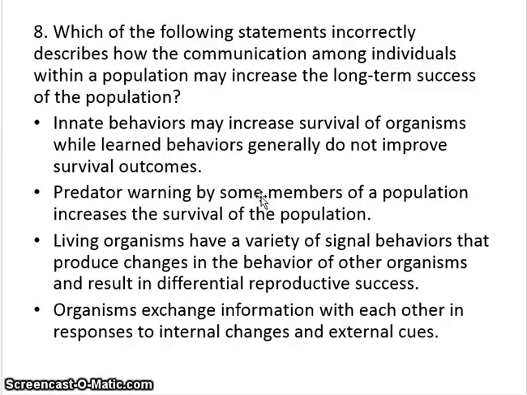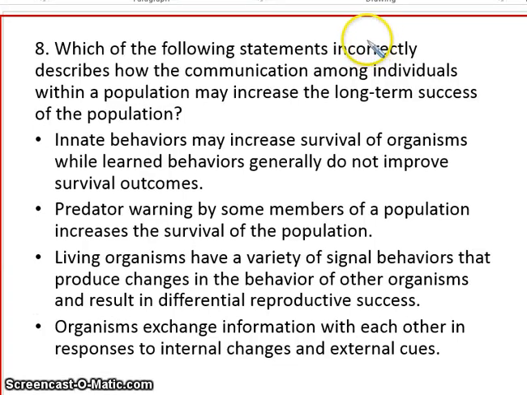All right, which of the following statements is incorrect, so I want to make sure I highlight that this is incorrect, amongst individuals. Innate behaviors may increase survival rate of an organism, while learned behaviors do not improve overall survival rates. Guys, this is a learned behavior. Remember, innate means you're born with it. You don't have to learn it.